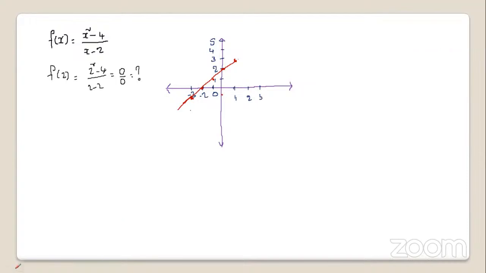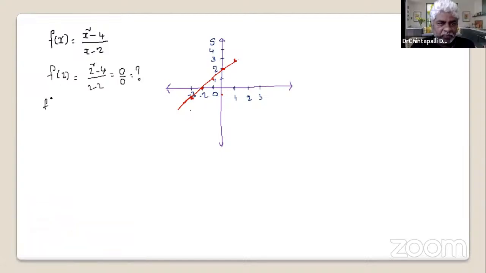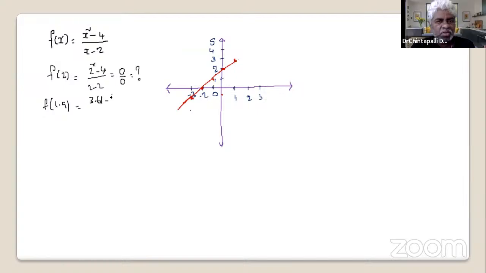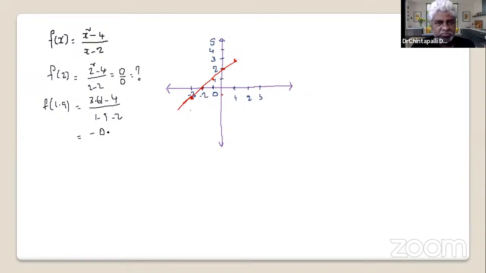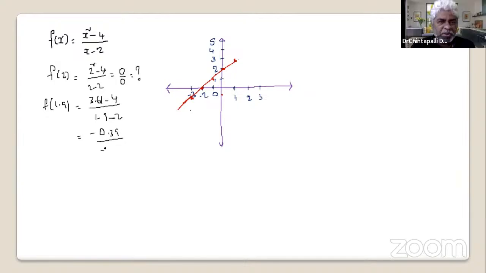When we take x equal to 1.9, f of 1.9 is 1.9 squared minus 4, that is 3.61 minus 4, negative 0.39, divided by 1.9 minus 2, negative 0.1.